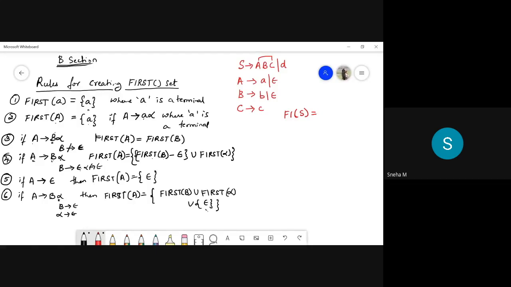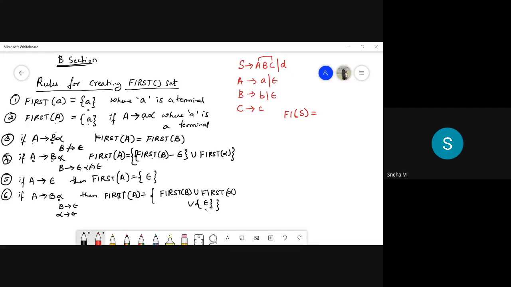See, the main motive for finding this set is to construct the parsing table. That's all. So why do you want to change the grammar itself? It's not required. I'm just checking from S what terminals I can reach if I have a leftmost derivation. I need not change the grammar for that, isn't it?